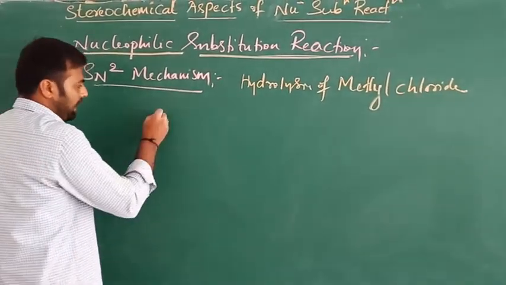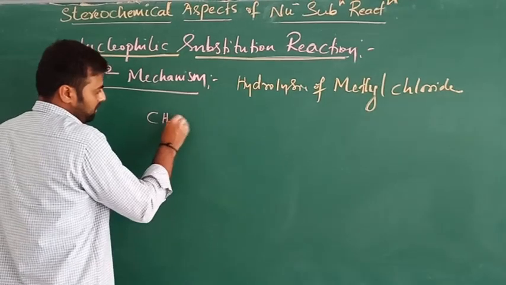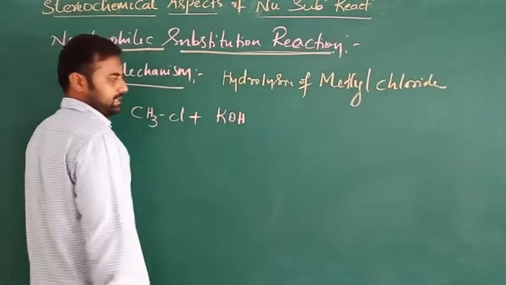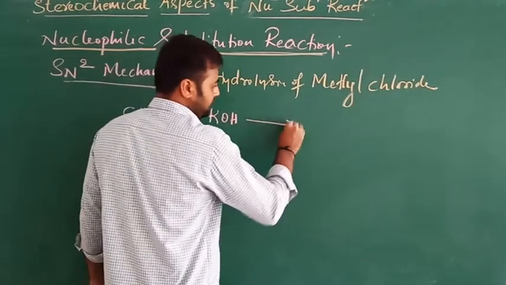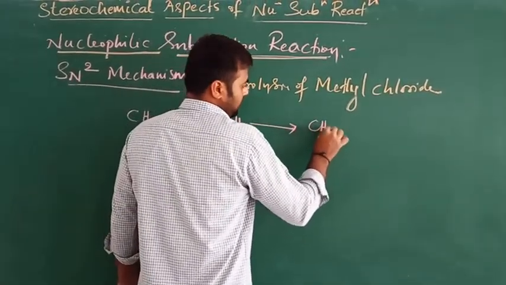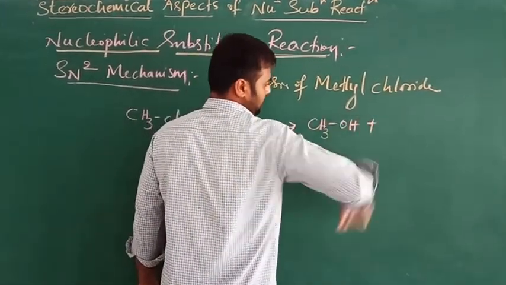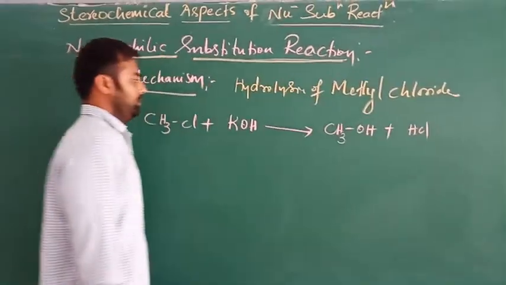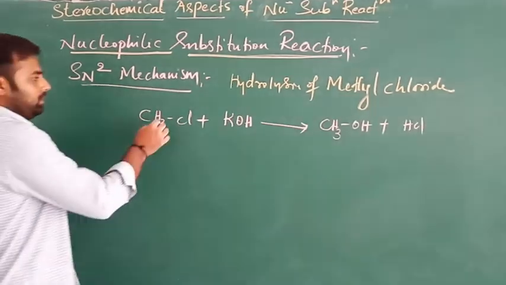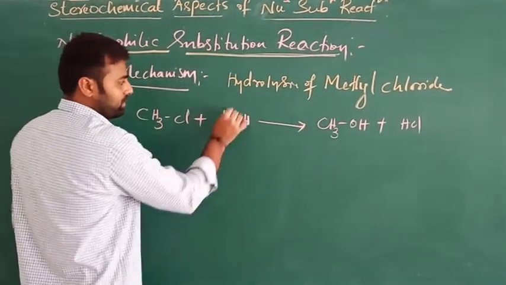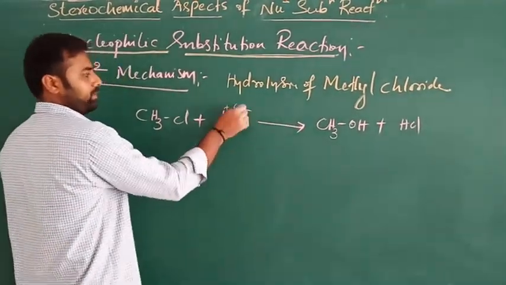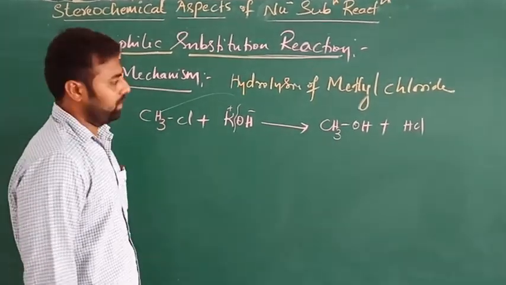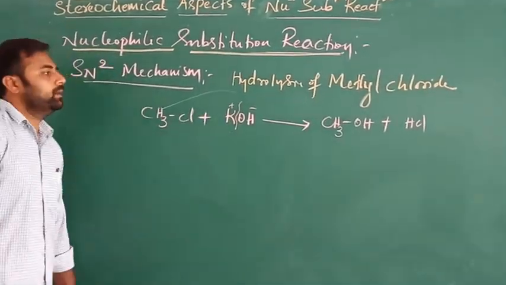When methyl chloride is heated with aqueous potassium hydroxide, it leads to the product methanol and HCl. Right. This is one of the nucleophilic substitution reactions. Here, the nucleophile OH minus is going to attack this methyl group and will give methanol. This is a simple reaction.